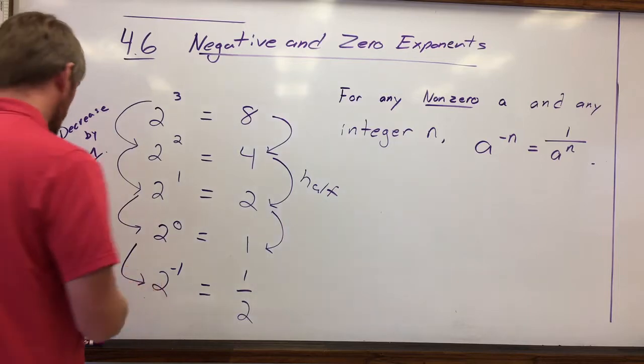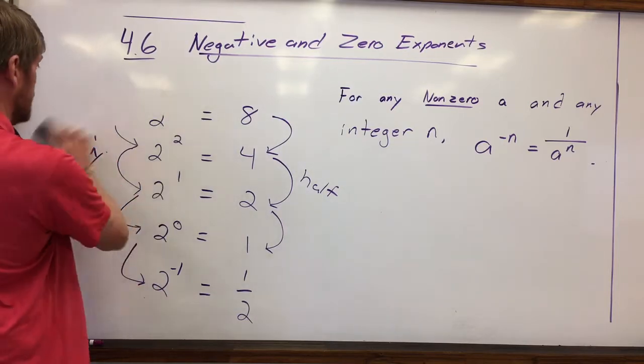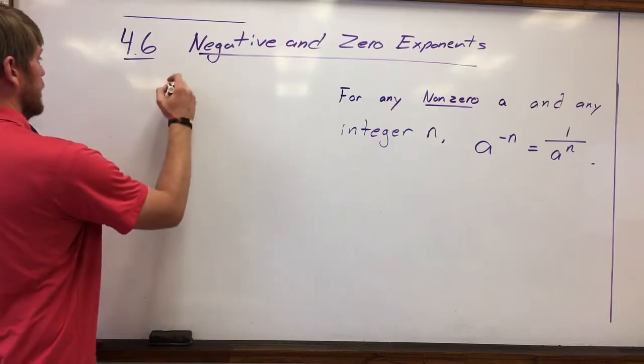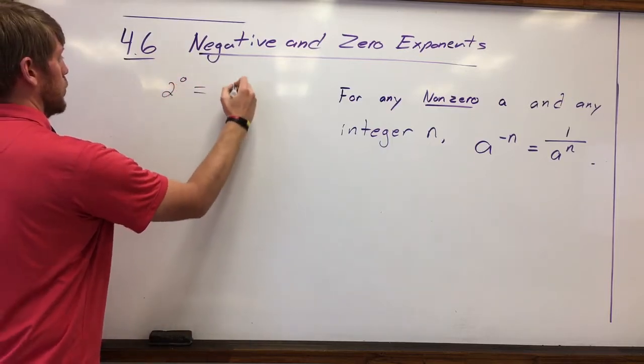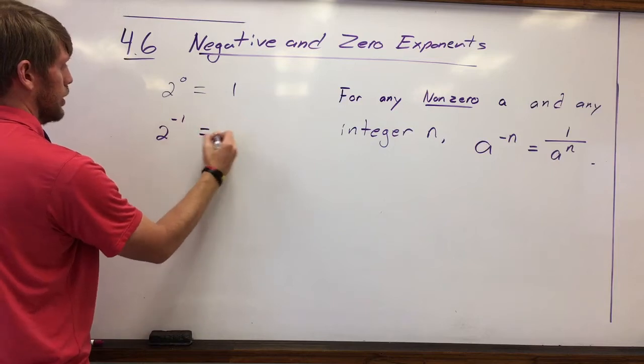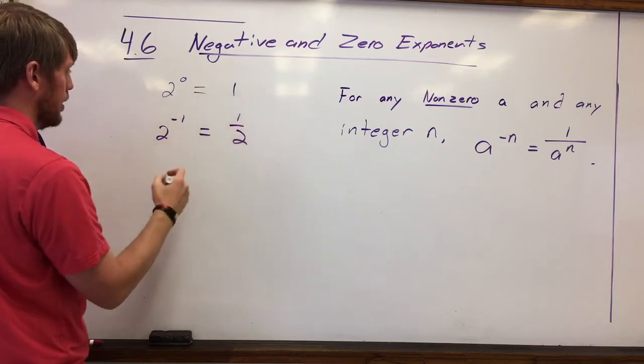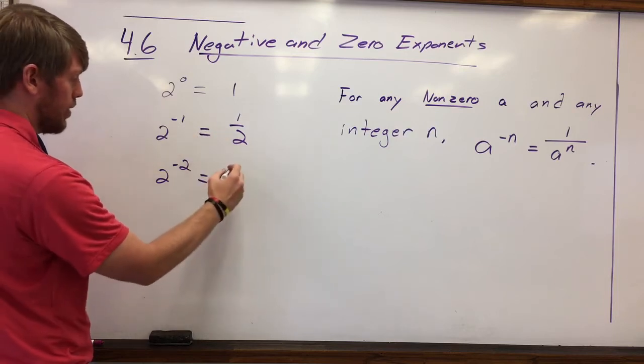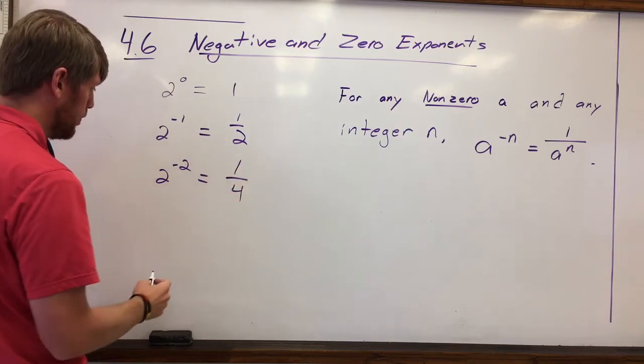So let's write that really quick. We said 2 to the 0 is 1, 2 to the negative 1 is half of that, which is 1/2. 2 to the negative 2 is half of 1/2, or 1/4.